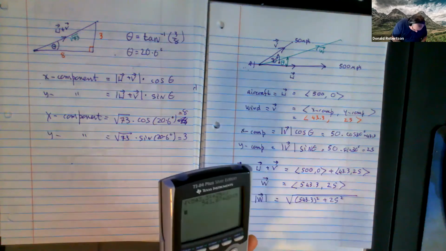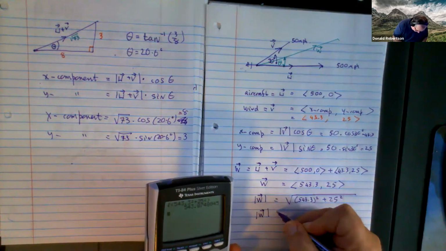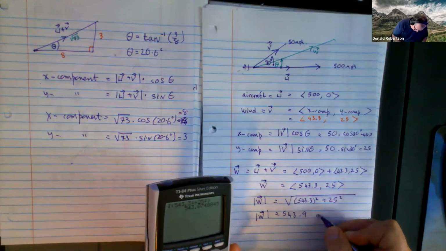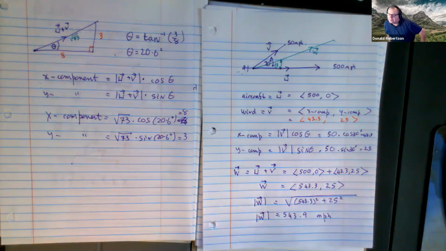And the answer I get is that, which is, and don't you call that, because I've been in lots of aircraft, isn't that called a tailwind? And the result is, doesn't the aircraft actually get a little boost to its speed?